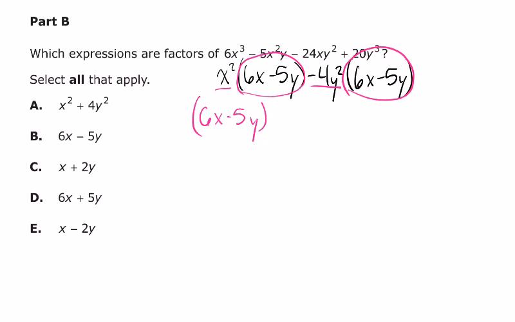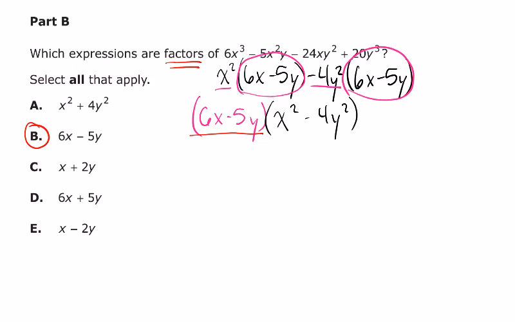So I'm going to put that in parentheses right here. Okay. And by the way, this question is asking what are the factors of this whole term, and it's the same polynomial that we had on the previous question. So we know that 6x minus 5y is a factor, so B is going to be an answer.